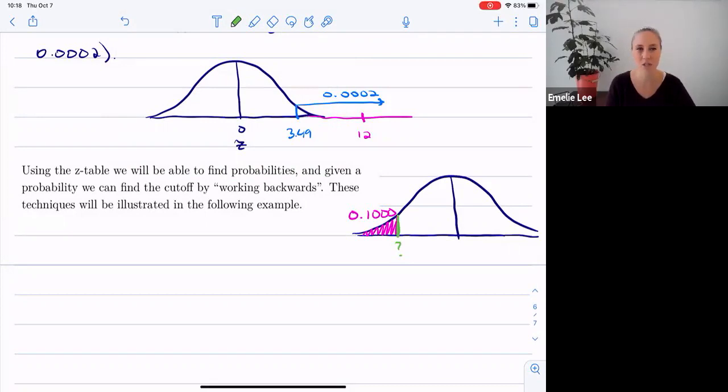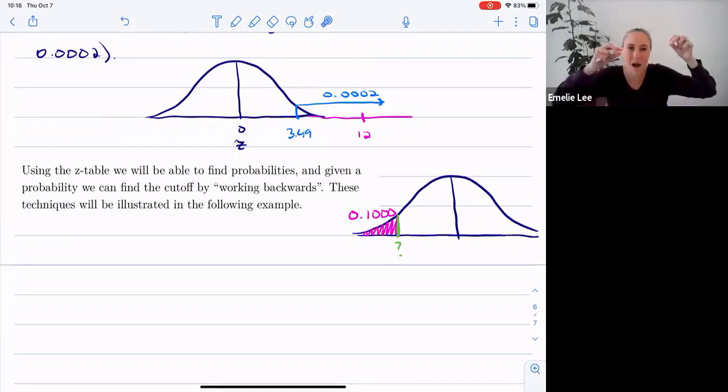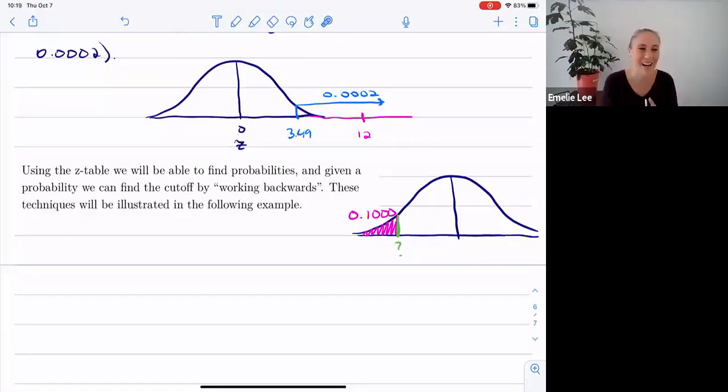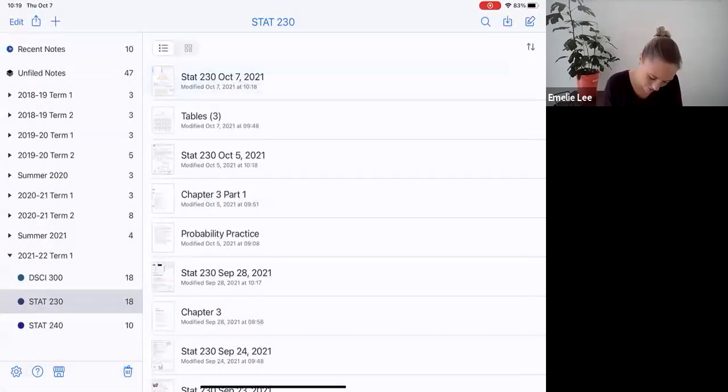What would you do? Well, you could find the area to the left closest to 0.1, then map it back to a Z score, and then unravel the Z score to get to an X. But you can try it, and I'll show you.